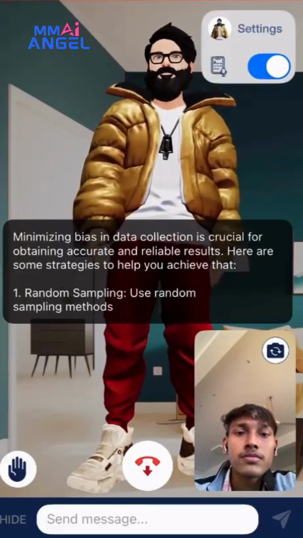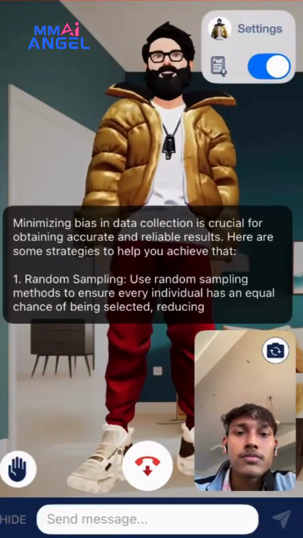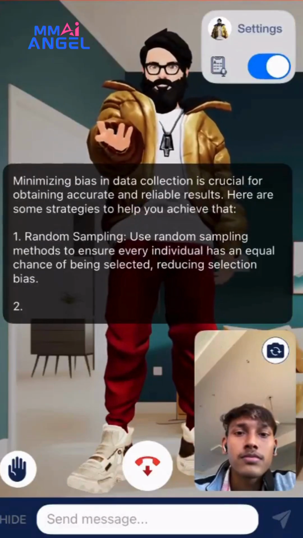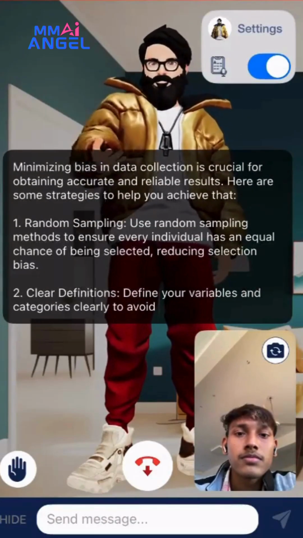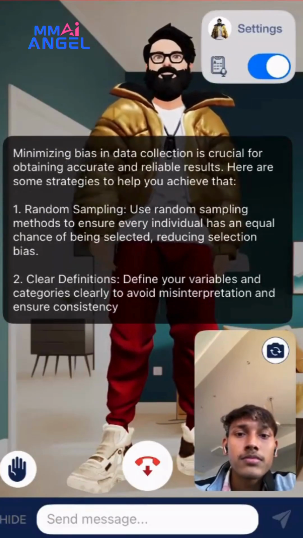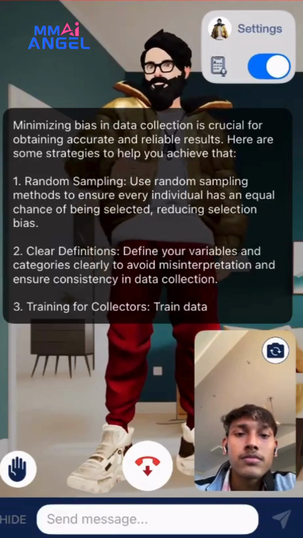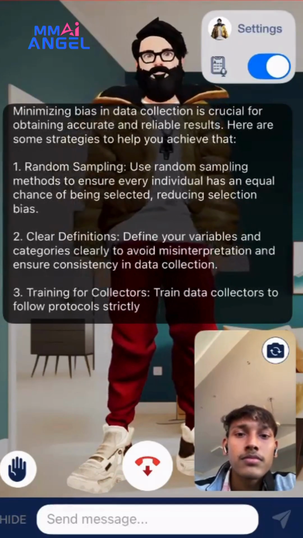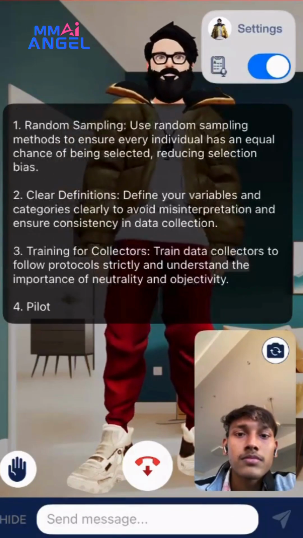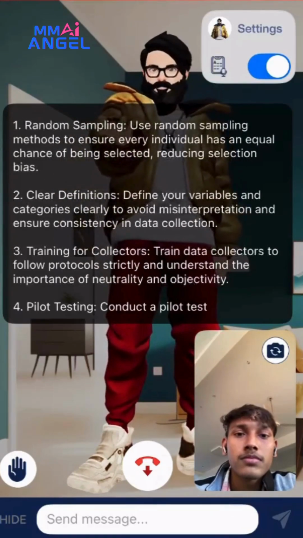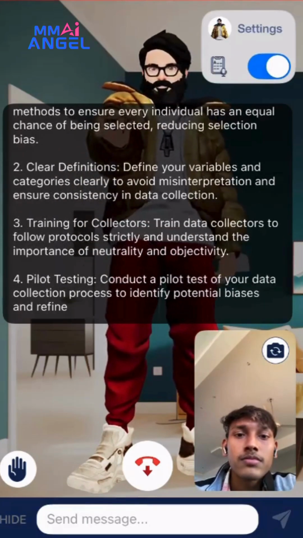Use random sampling methods to ensure every individual has an equal chance of being selected, reducing selection bias. 2. Clear definitions. Define your variables and categories clearly to avoid misinterpretation and ensure consistency in data collection. 3. Training for collectors. Train data collectors to follow protocols strictly and understand the importance of neutrality and objectivity. 4. Pilot testing. Conduct a pilot test of your data collection process to identify potential biases and refine your methods before the full study.